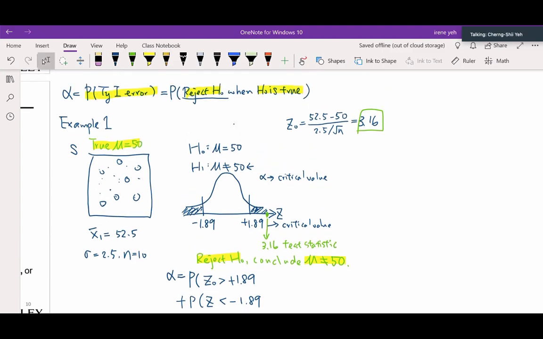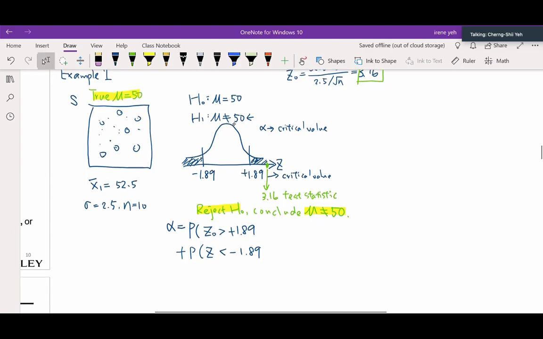What does the type 1 error also tell us? My null hypothesis is true. In other words, my mu is 50. Once you identify the area, write down the equation based on the definition. The rest is just carrying out a probability calculation for a standard normal distribution.